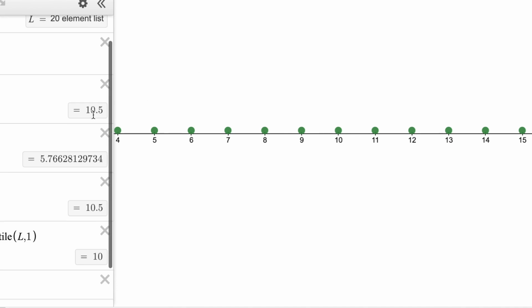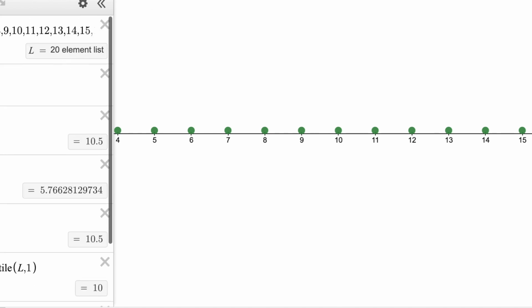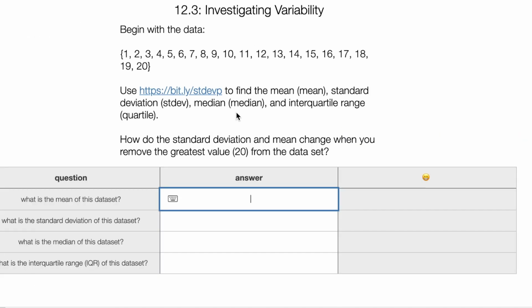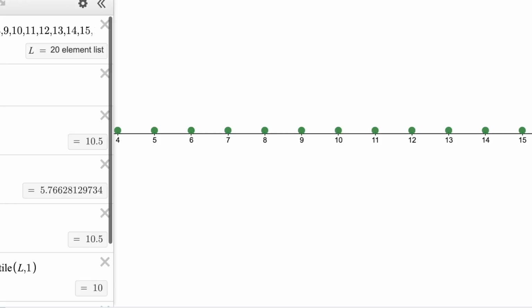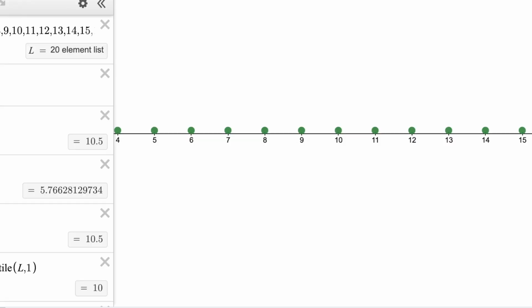And I think it goes 1 to 15. All of the data values are the same too, so I'm not really sure about that. So 10.5. Oh wait, did I type in something wrong? 10.5. I'm going to X off of this.